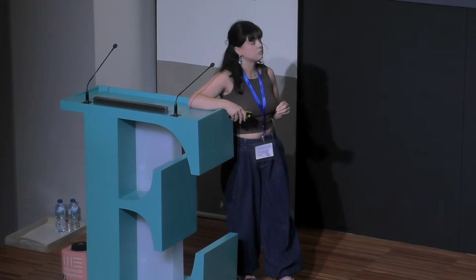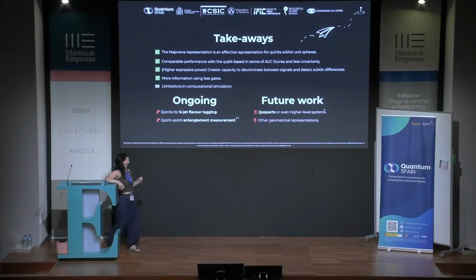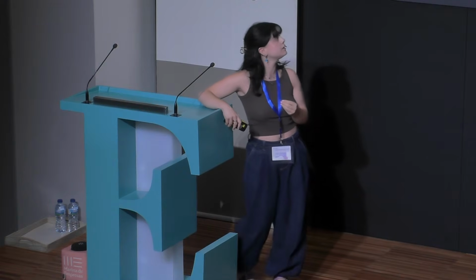So about our conclusions and takeaways, it seems that the Majorana representation is an effective representation for qubits within unit spheres. We obtain a comparable performance with the qubit-based model in terms of Fidelity scores, but always with less uncertainty. Also, in all cases, higher expressive power, greater capacity to discriminate between physical signals, and we can detect more subtle differences in the data.